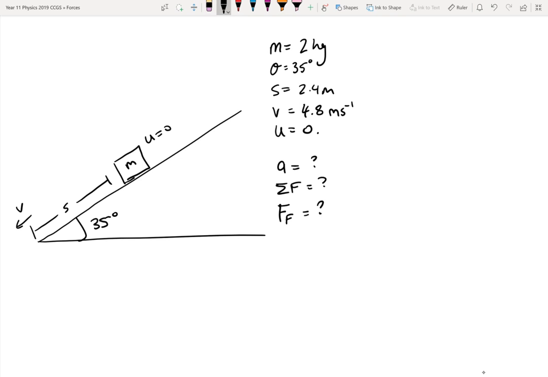So could you please solve for those three values? Again, starting with A, you need SUVAT. None of this has time, so we're not using s equals ut plus half at squared. It's v squared minus u squared over 2s. Write it somewhere, on the back of the book, or your diary.